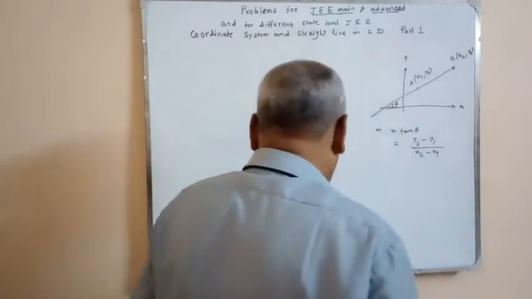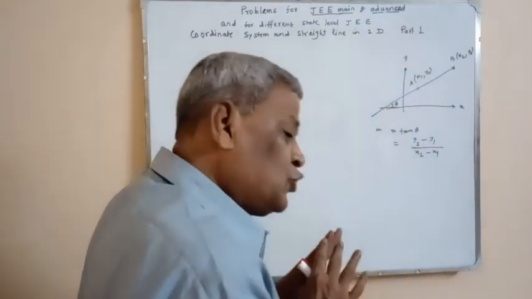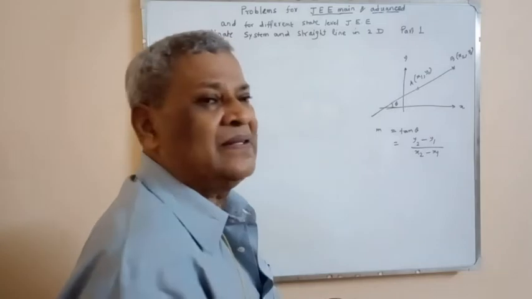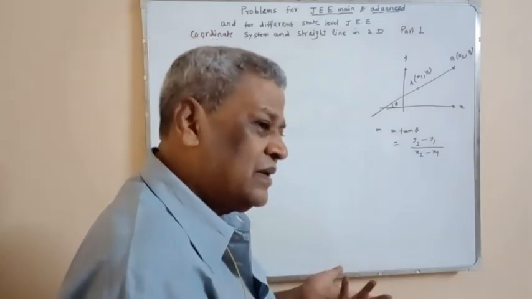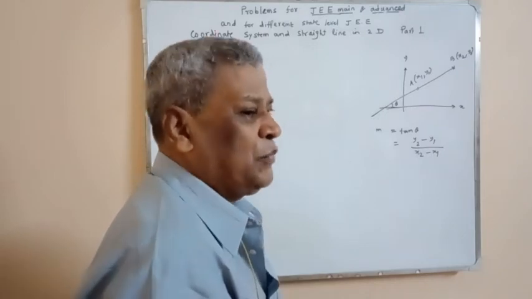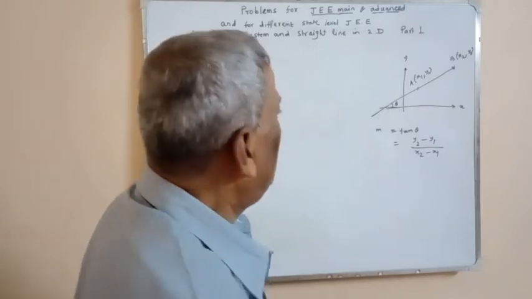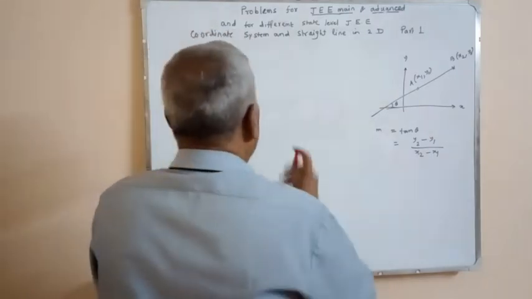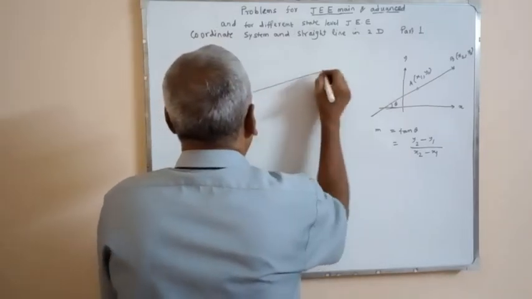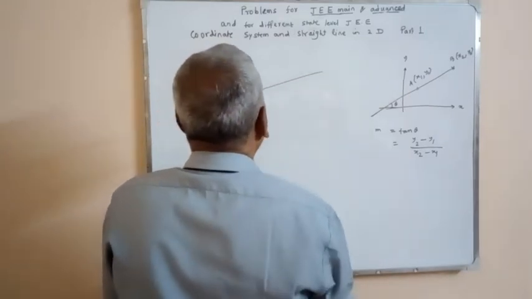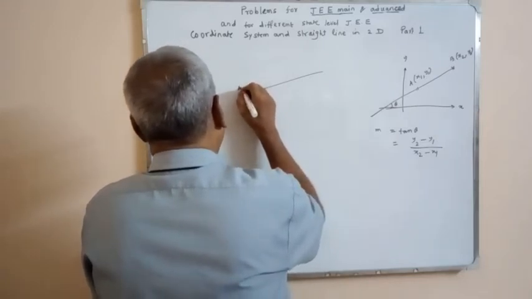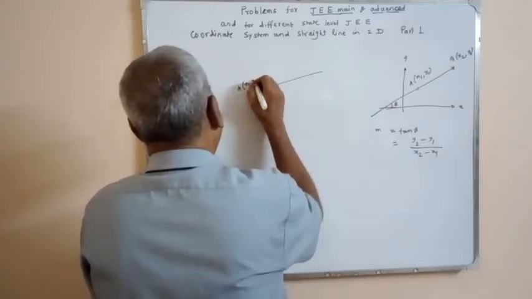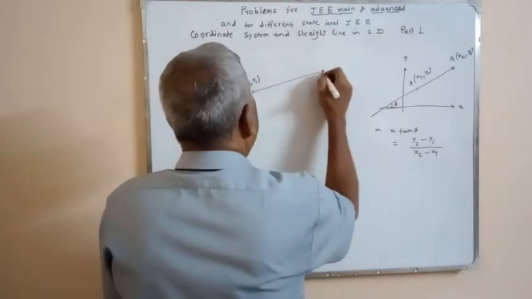Okay, next, there are so many formulas, and from any standard book you can collect them and you have to keep them in memory. Suppose this is a straight line. A is a point x1, y1. B is another point x2, y2.